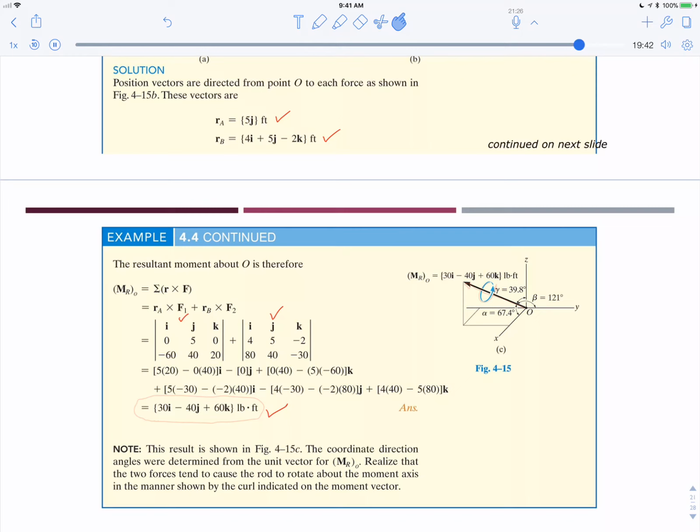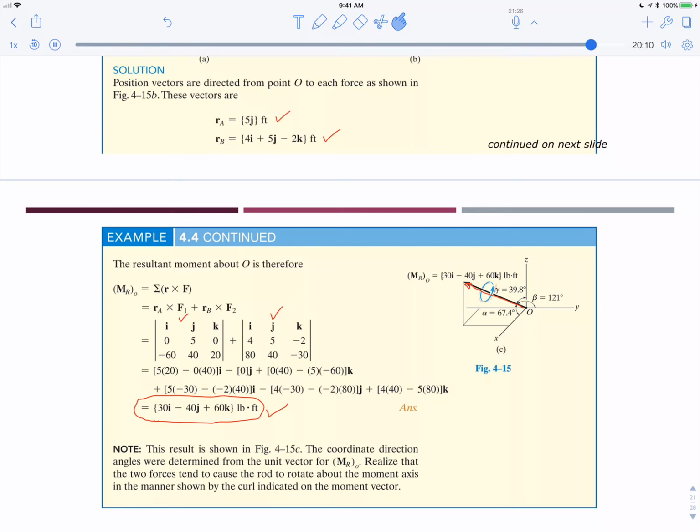The one thing I do want to point out about this example is how do you interpret the answer? Here's the moment. It's some weird vector, 30 in the i, minus 40 in the j, and 60 in the k. Right here, this is the vector drawn, 30i minus 40j plus 60k. This moment, remember, causes things to spin.